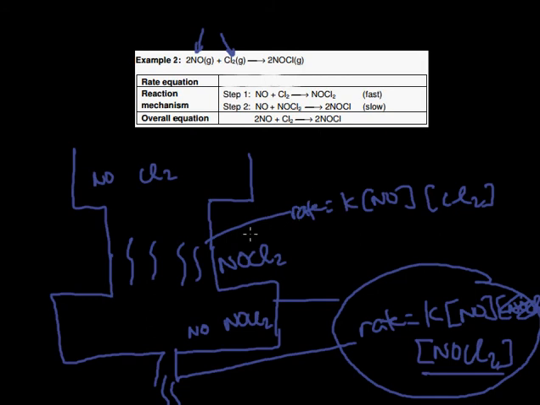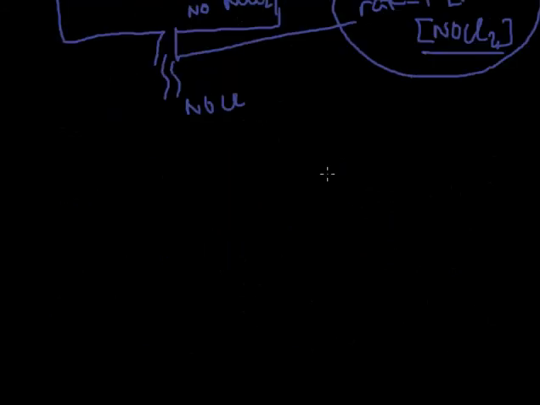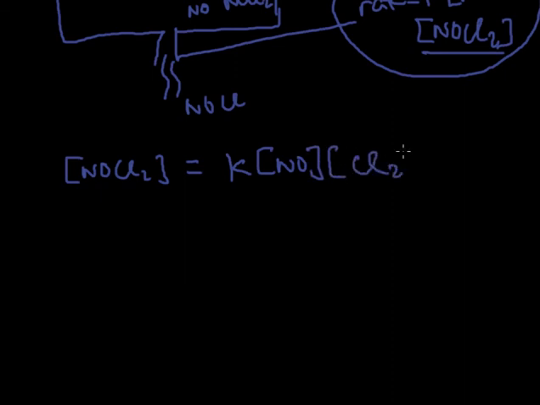The rate here for NOCl2 is also d[NOCl2]/dt, or the concentration of NOCl2 over time, which is k[NO][Cl2]. Now if we multiply time on both sides, we get an equation like this: [NOCl2] equals k[NO][Cl2] times time.